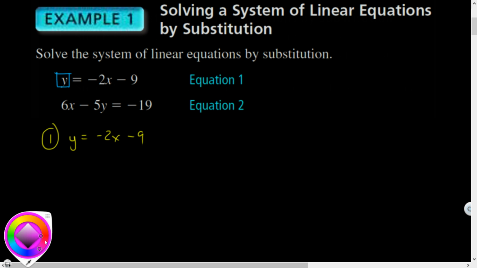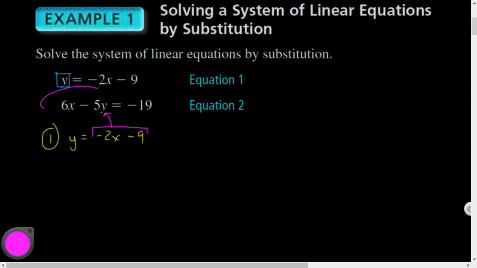So step two: if y equals -2x minus 9, then according to the substitution property, I can plug in that expression for y in the other equation. By the other equation, I mean the one that I did not solve for y.